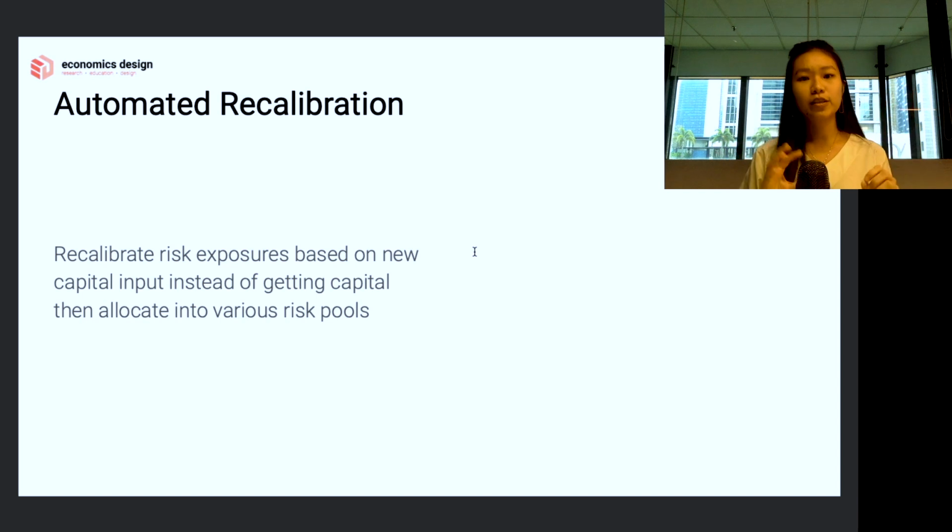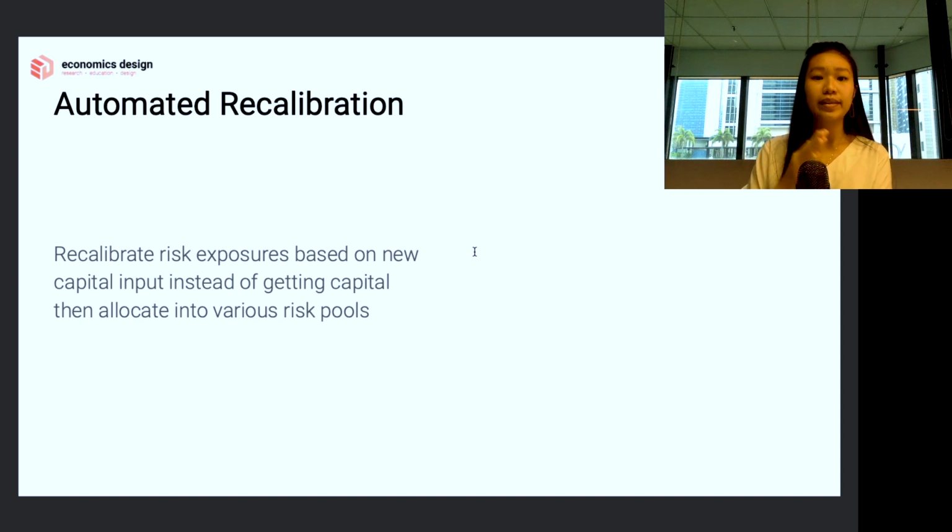And this is where smart contracts, DeFi, or blockchain could really be a huge benefit, using automated recalibration or automated smart contracts to improve the inefficiencies in the system and in the financial product.